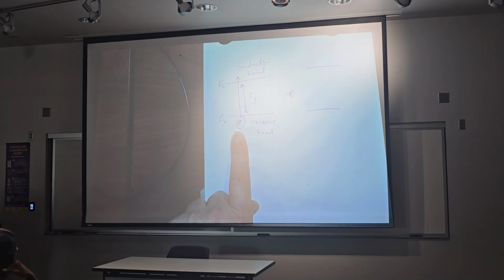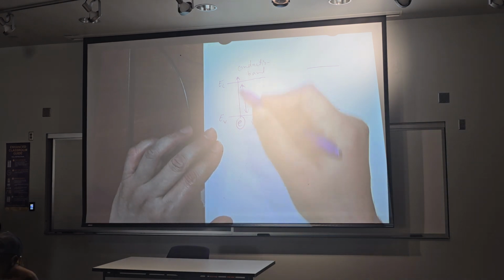Make sense? So the energy of the electron has to be greater than EG.